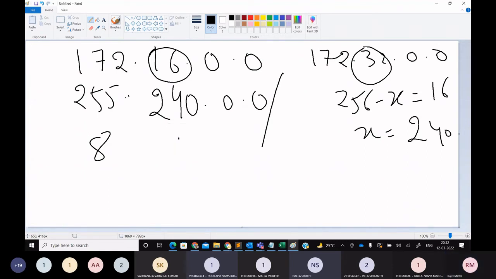Are you sure? Don't get confused. You're right or wrong? Four, or what should I write? 4. Then you should say it confidently, right? How much will the subnet mask become? 12. Understood?